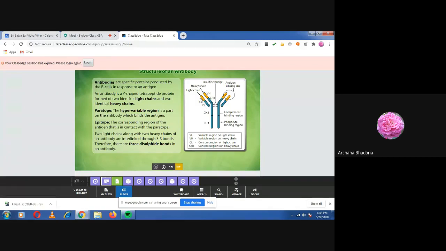So which are the light chains? Can you make it out here in the figure? Can you see my cursor? The complete Y shape, that is your heavy chain. And the small part joining the upper part of the Y, that is your light chain. So 2 heavy chains, and 2 identical light chains, both the same, and 2 same heavy chains.